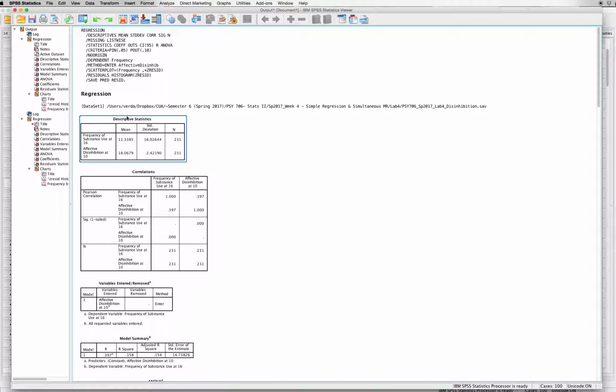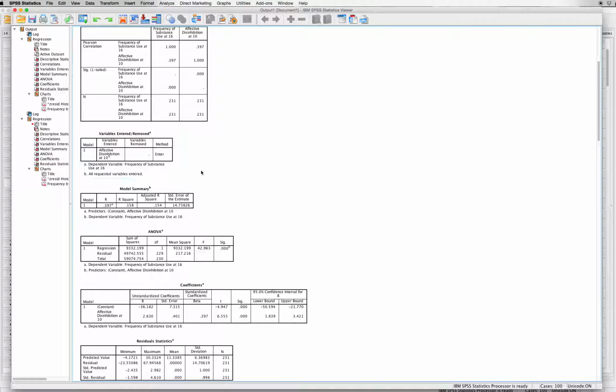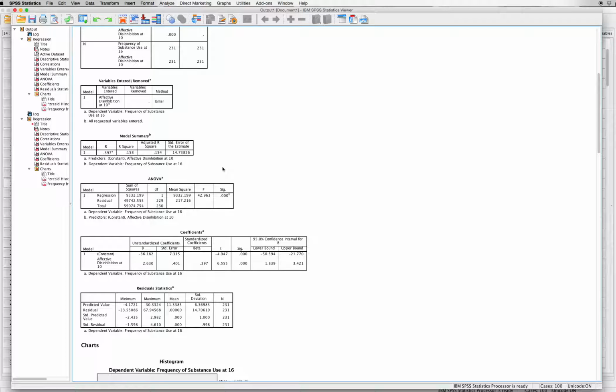The top one is our descriptive statistics, mean and standard deviation. Then we have the correlation between the variables. This table tells us what variables we entered in the model and what method we used.